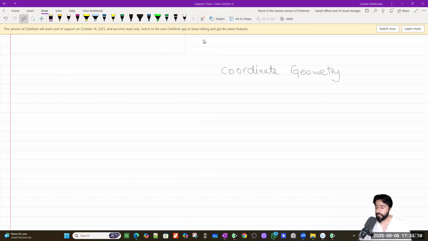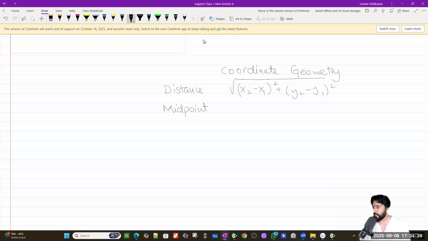So till now we have seen distance formula, we have seen midpoint formula, and those weren't the issue. The issue has been those questions generally where somebody missed the very basics. Distance formula is simply this thing here.